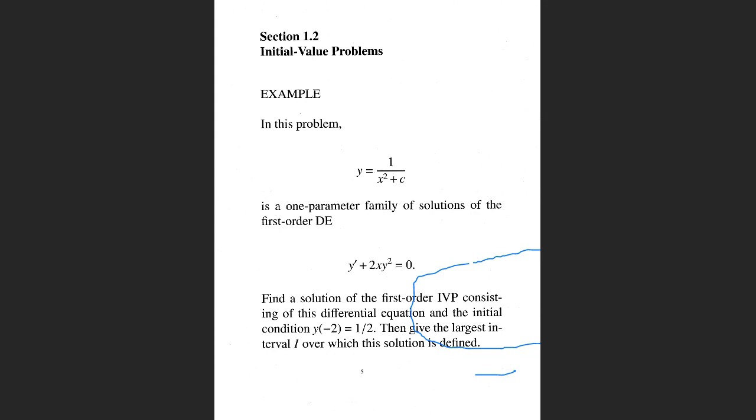So you see, we have here a family of solutions. y equals 1 over x squared plus c is a family of solutions to the differential equation. And it's a family because that c value could be any number in this case.